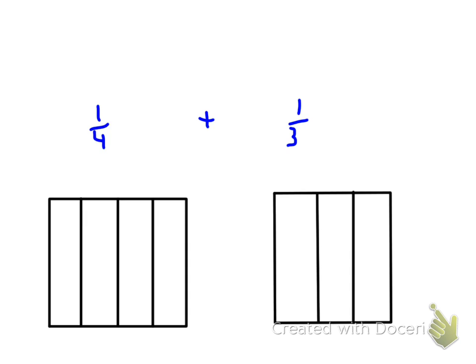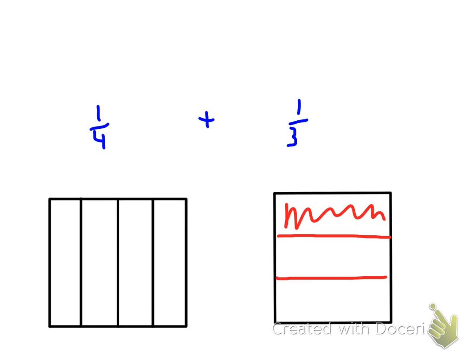So instead of looking at it like this, we may even want to think about switching this second one to be horizontal into thirds. Because now, if I think of 1/3, that's this much. 1/4 is this much. But if I would combine these two together, now I would have them in twelfths.